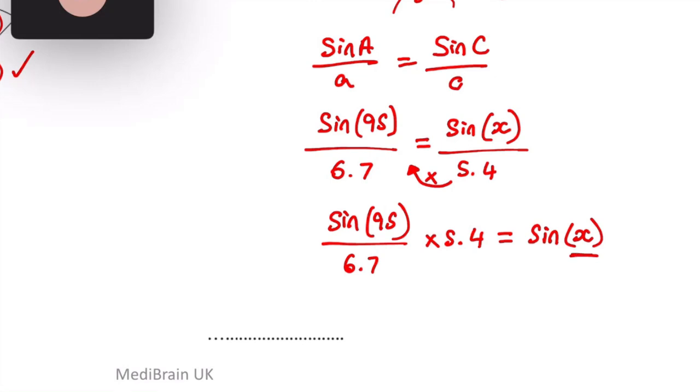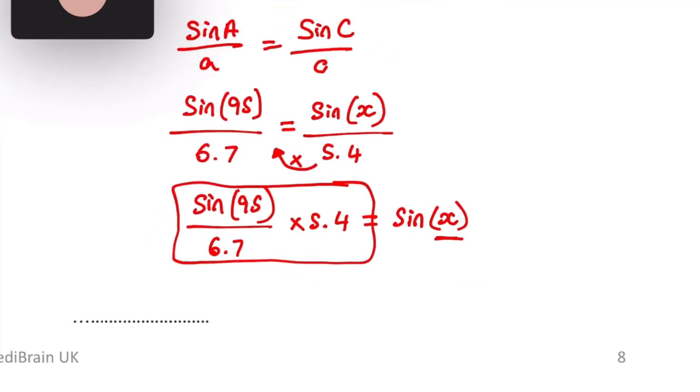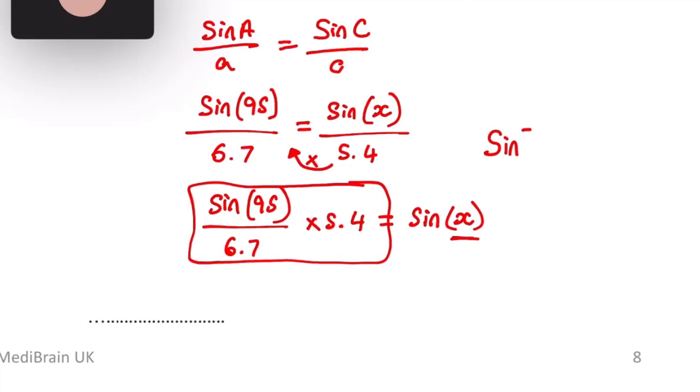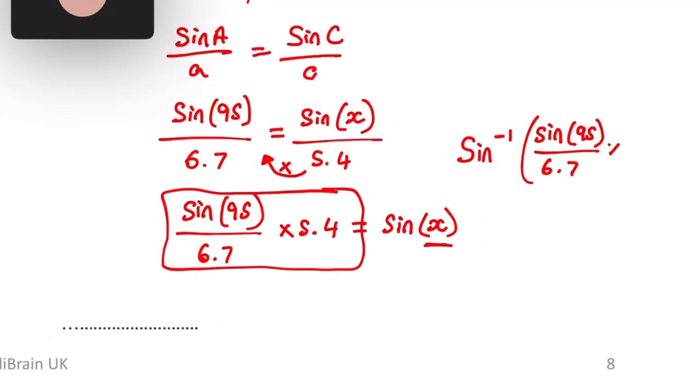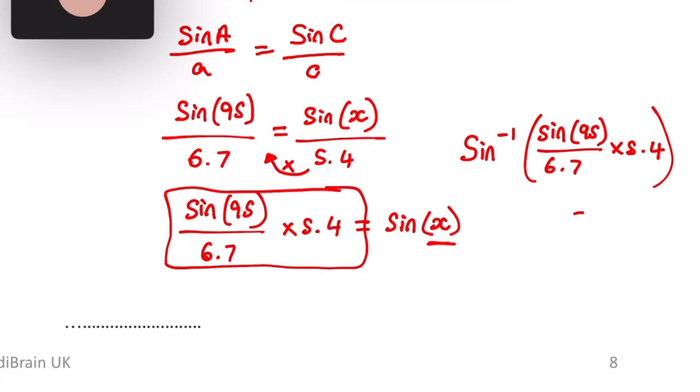What's the opposite of sine? The opposite of sine is inverse sine. So we're going to inverse sine everything on the other side: sine to the negative 1 of sine 95 over 6.7 multiplied by 5.4, and that's going to be equal to x. We've just got rid of this sine by inversing sine the other side.